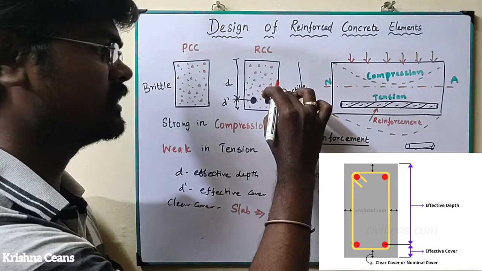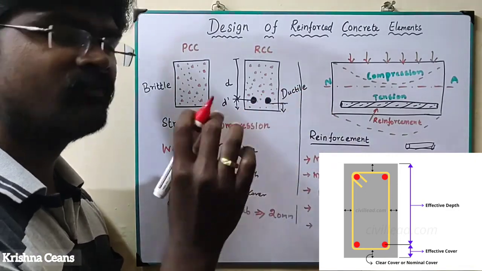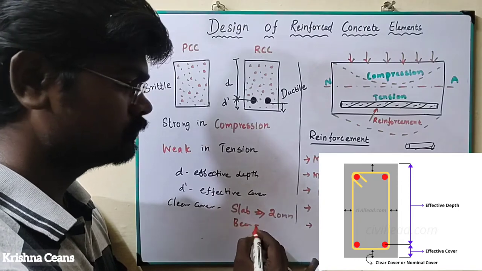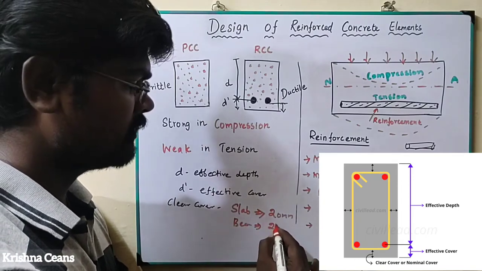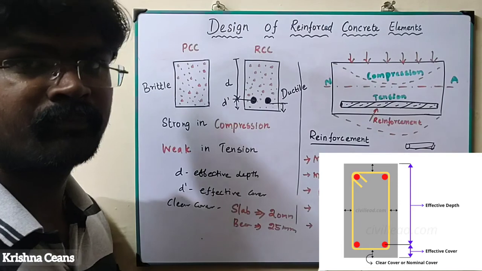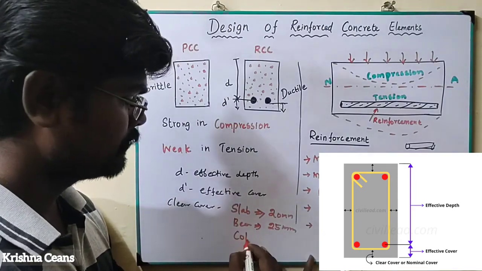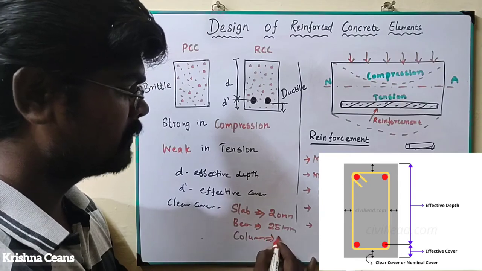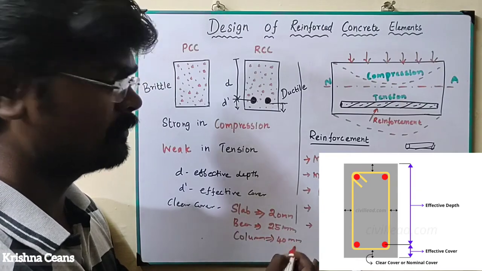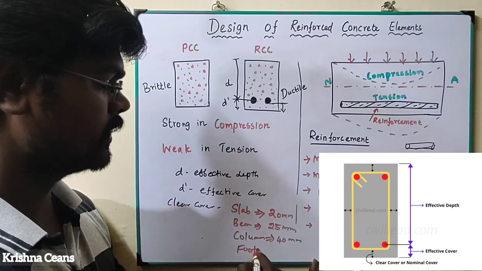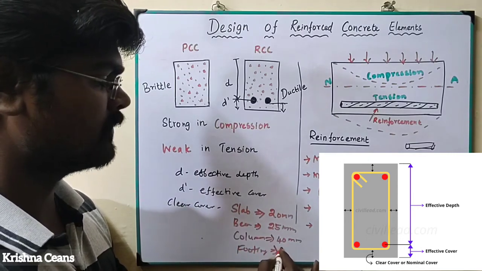So the clear cover for the slab is 20 mm. Whereas for the beam we have to provide 25 mm. Beam means 25 mm. Whereas for the column, a minimum of 40 mm has to be provided. So column means 40 mm. When it comes to the footing, we have to provide 50 mm.